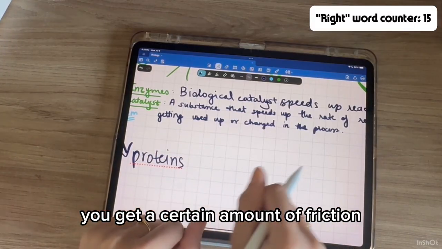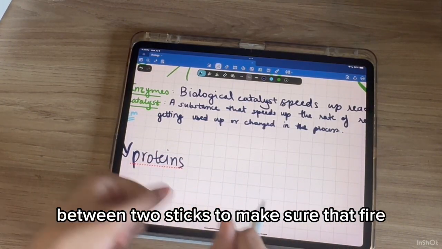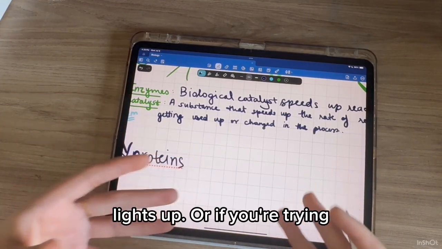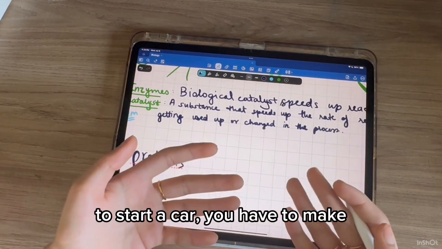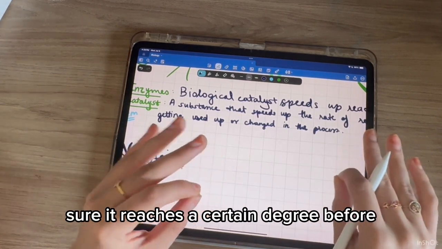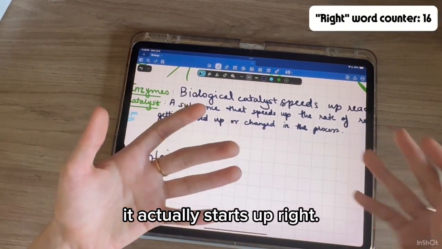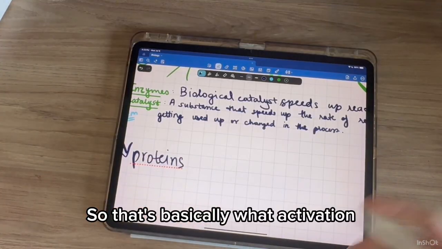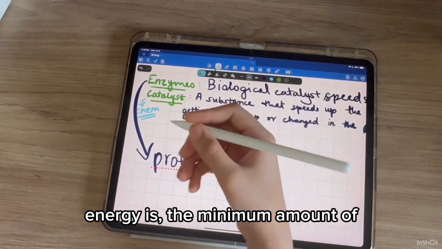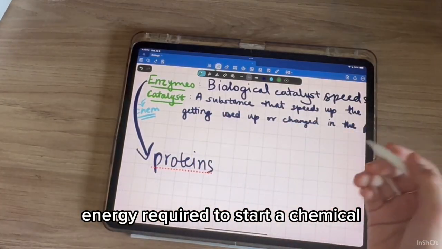You have to make sure you get a certain amount of friction between two sticks to make sure that the fire lights up. Or if you're trying to start a car, you have to make sure it reaches a certain degree before it actually starts up, right? So that's basically what activation energy is: the minimum amount of energy required to start a chemical reaction.